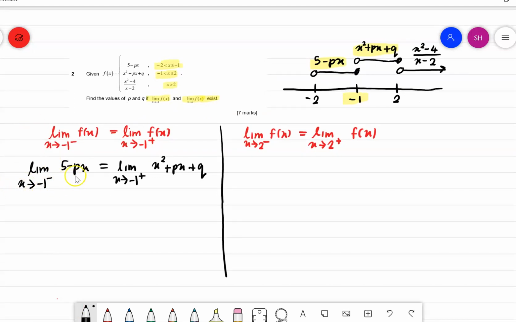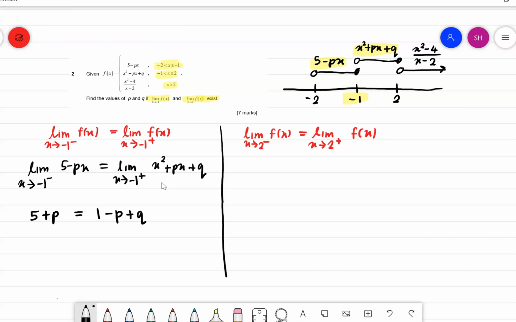When we substitute x with negative 1, we get 5 minus p times negative 1. You akan dapat positif p lah. Equal to, when we substitute x with negative 1 inside this function, we get negative 1 squared is 1, p times negative 1 is negative p, plus q.